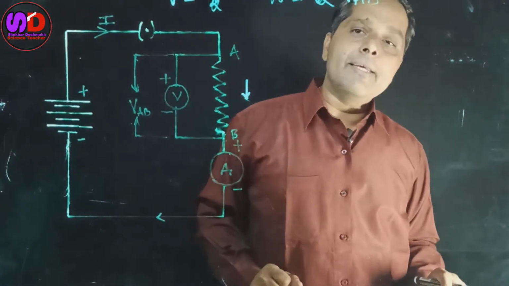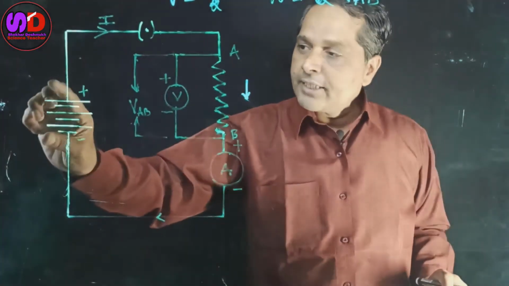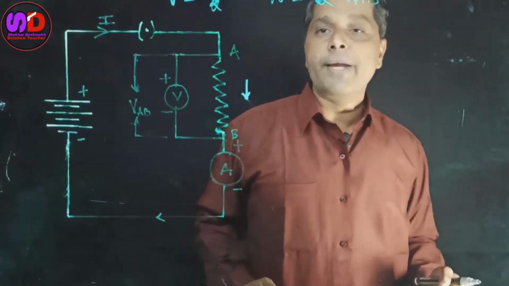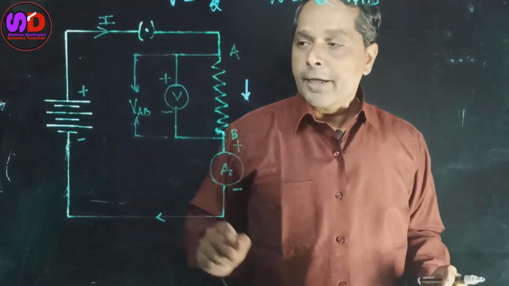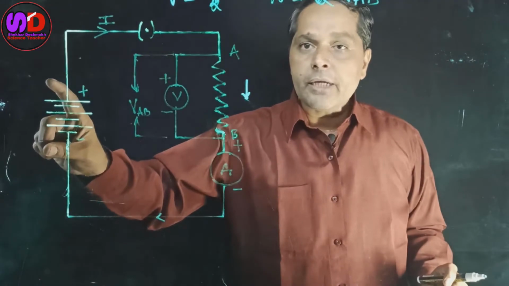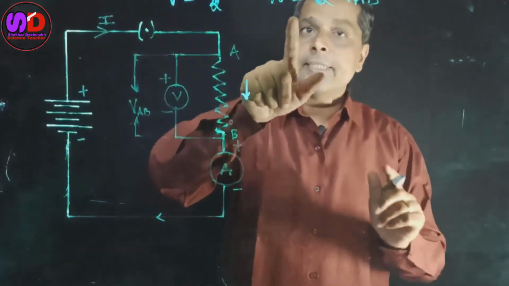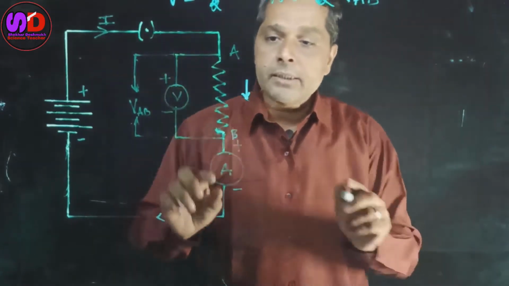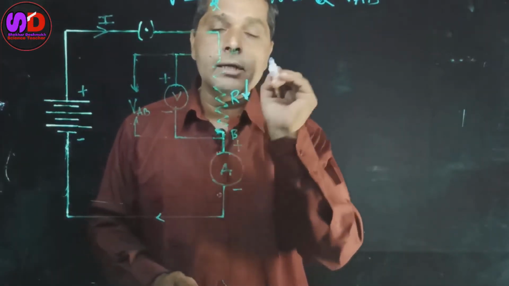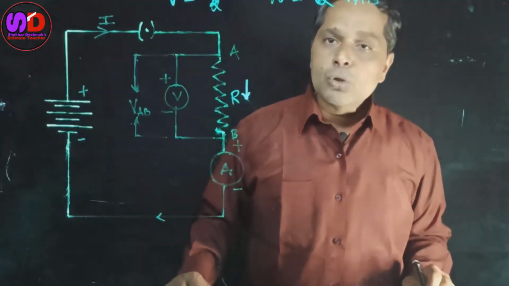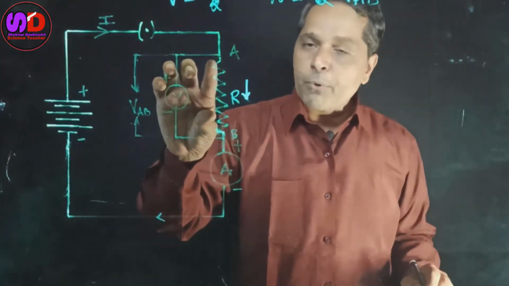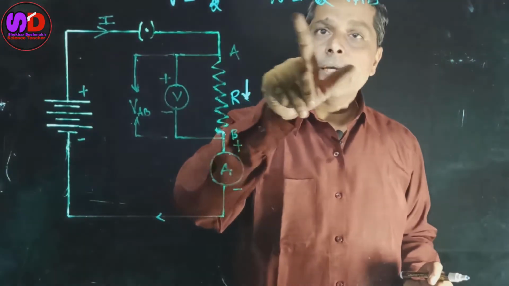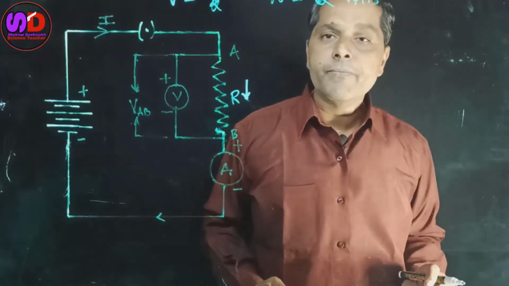Yes, definitely. Here, this battery or this cell is the source of energy in this case. It provides that energy through the charges Q to the resistance. This is nothing but resistance R. So the energy is provided to this resistance, and here the work done is Q into VAB.